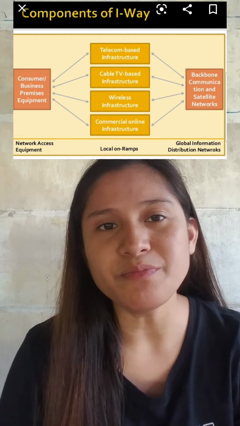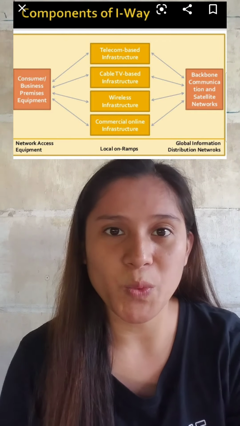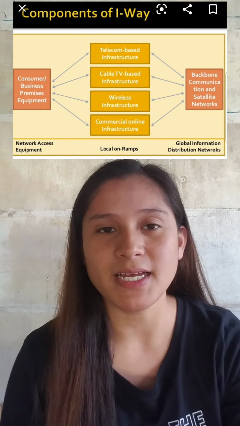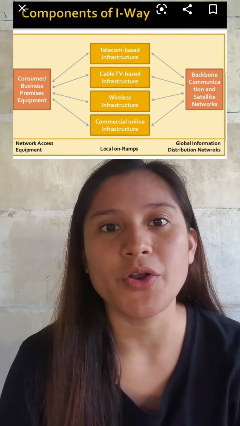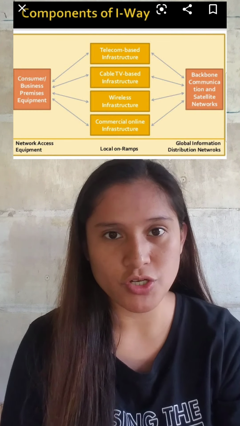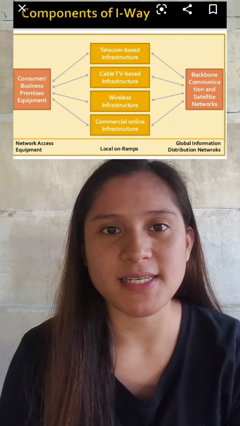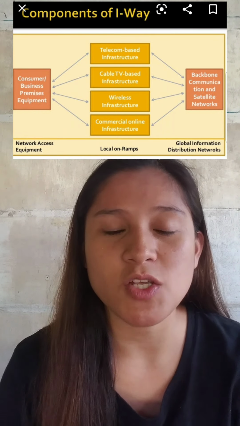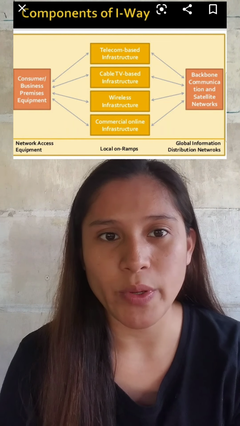So, the main components of IWAY consist of various components which are broadly classified as network access equipment and access media or local on-ramps. Next is the global information distribution network. Under network access equipment, you can see factors like consumer or business premises equipment.